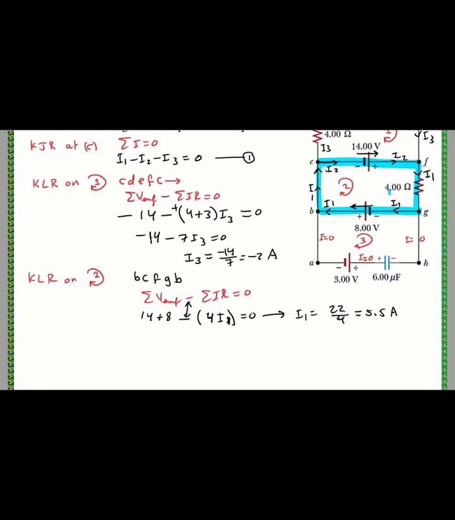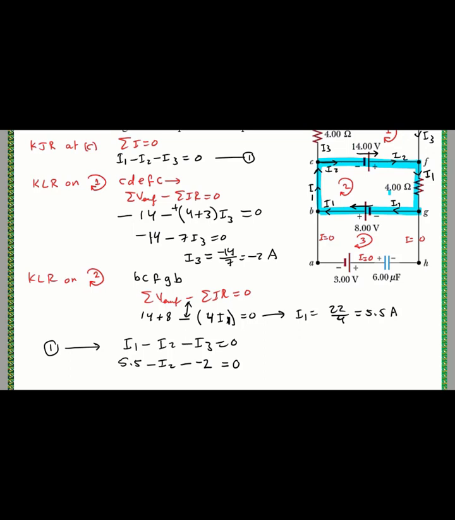Now go back to equation 1. Equation 1 says that I1 minus I2 minus I3 equals 0. I1 is 5.5, minus I2, which is unknown, minus I3, which is minus 2 in our analyzing, equals 0.